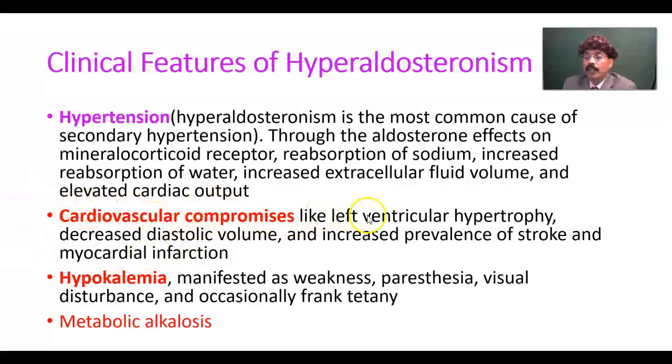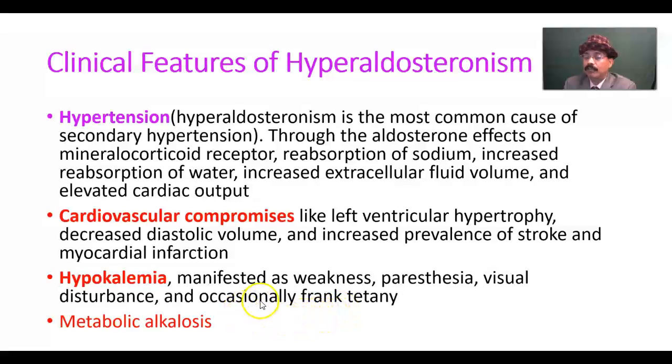Cardiovascular compromise like left ventricular hypertrophy, decreased diastolic volume, and increased prevalence of stroke, that is cerebrovascular accident, and myocardial infarction. Hypokalemia manifested as weakness, paresthesia, visual disturbance, and occasionally frank tetany.